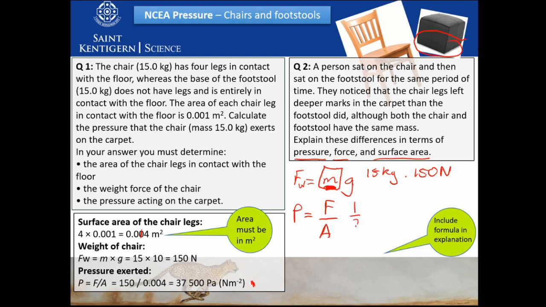It's like 1 over 2 is a half, so 50%, and 1 over 100 is 1%. So the bigger this one becomes, the smaller the number. Okay, so please keep that in mind. So consequently, because the surface area is so much bigger, you then have less pressure being exerted on the carpet.